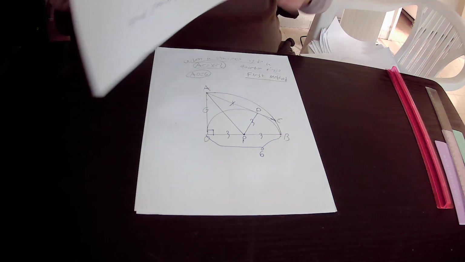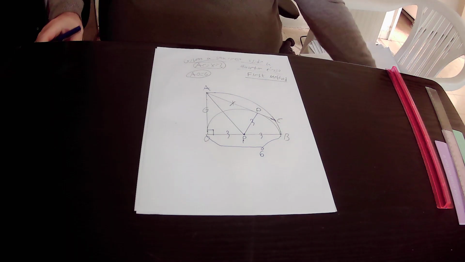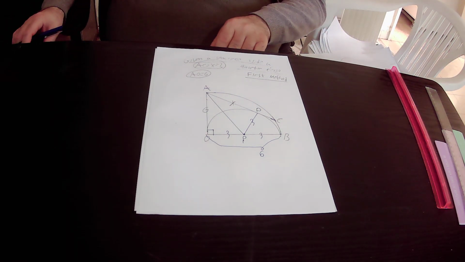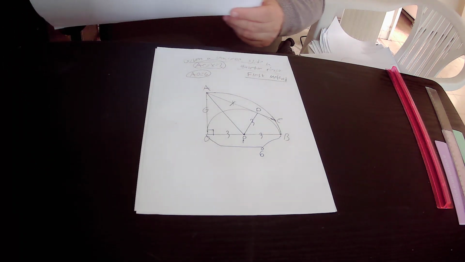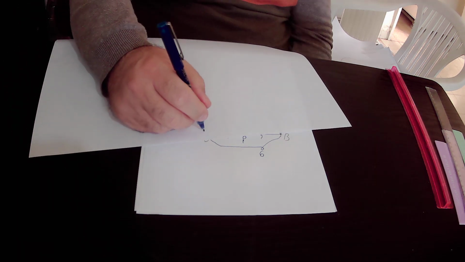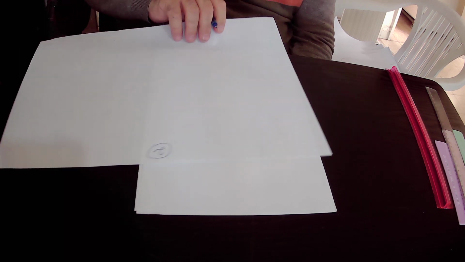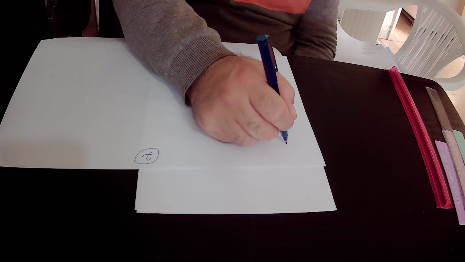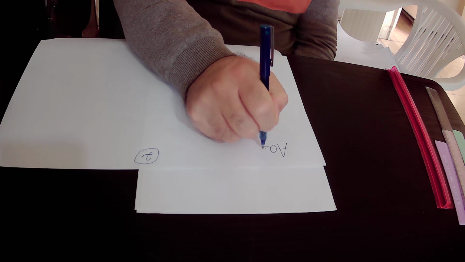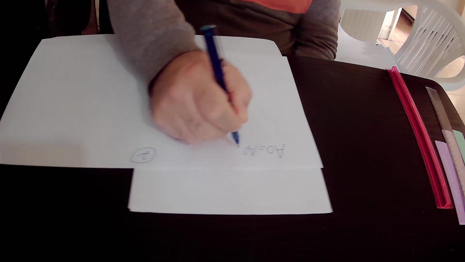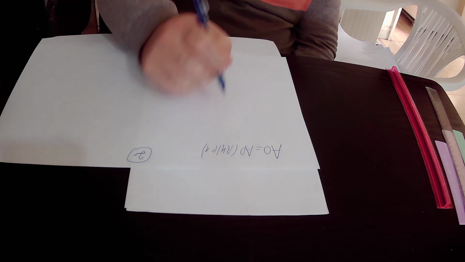Okay, so I write it down. I repeat again, AO equals AD according to rule number 1.